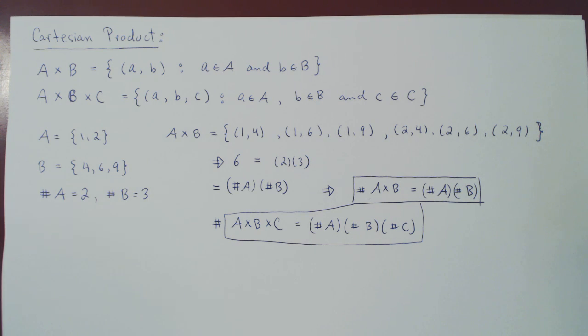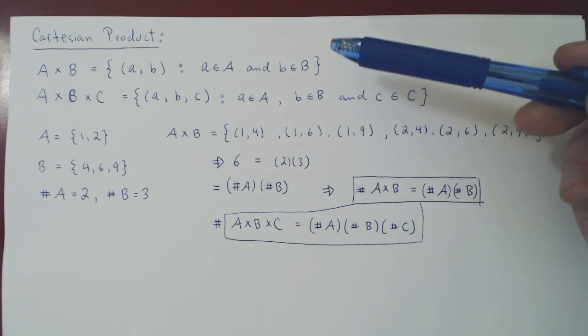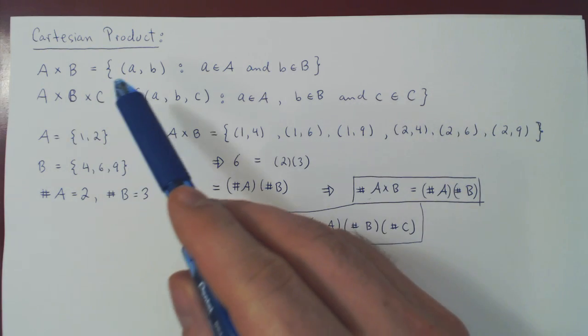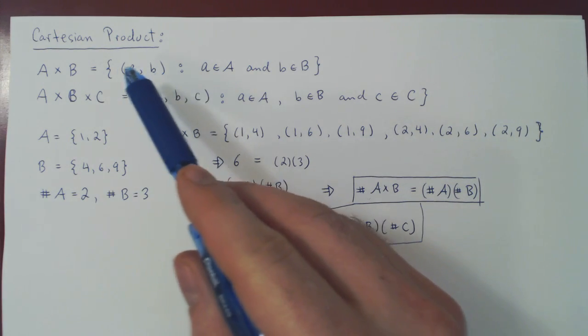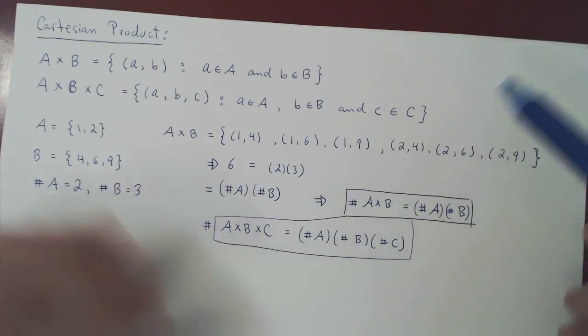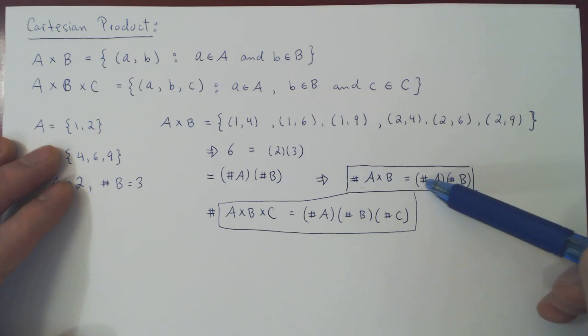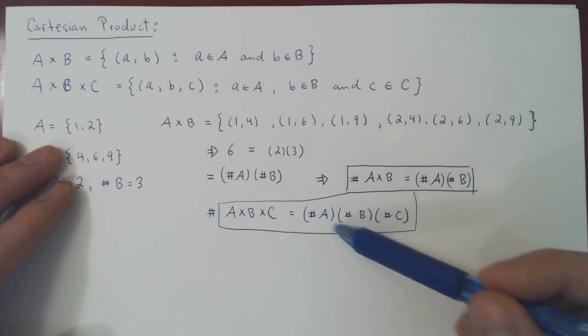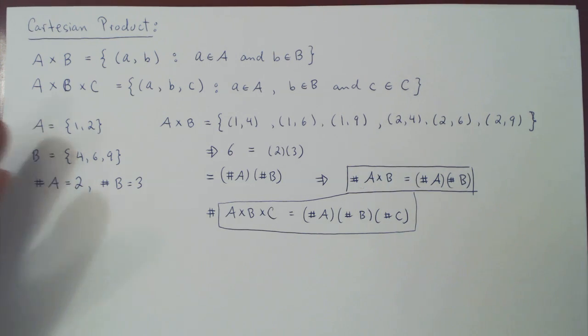We'll use them over and over again in counting and probabilities. And when you have a sequence of selections, you can view this as a Cartesian product. And if you know the size of each set, it's easy to find the size of the Cartesian product. And that's it.